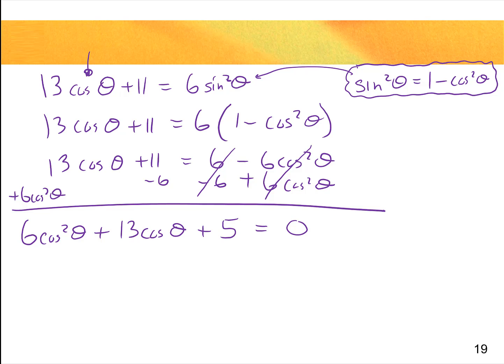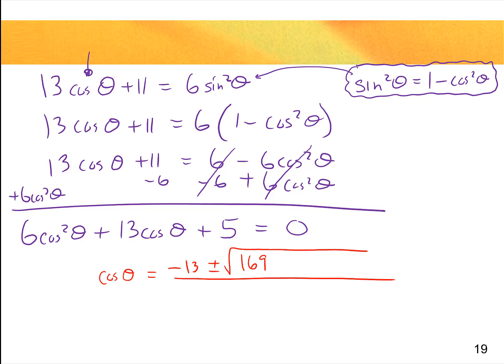So cosine theta is equal to negative b plus or minus the square root of b squared minus 4 times a times c, all over 2 times a. Ooh, this has got some big numbers here, but let's see if we can work it out.